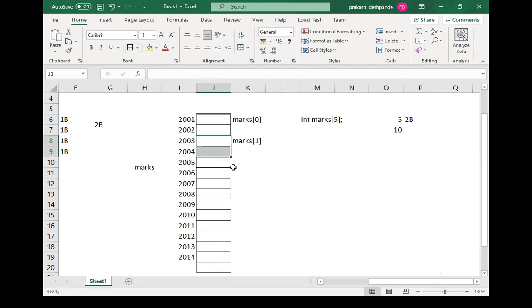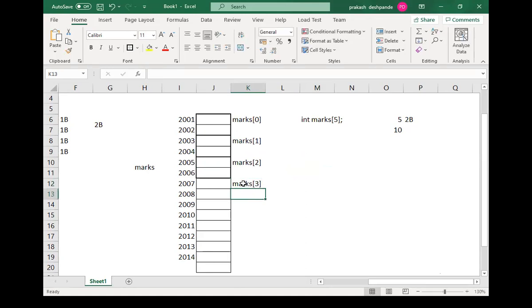Now can you tell me, in the same fashion, where marks 2 will be allocated? What is the starting memory address of marks 2? 2005. So marks 2 will be 2005 up to 2006, 2 memory blocks, right? These two are together. What about marks 3? 2007 and 2008. 2007 is the starting address, right?